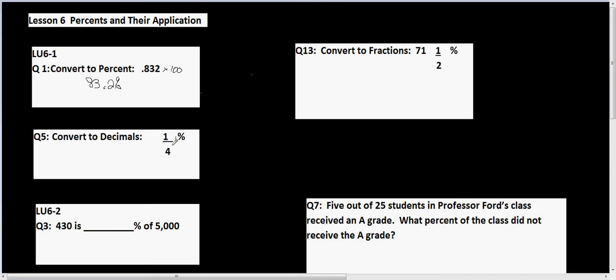The first thing you do is divide the denominator into the numerator. 4 goes into 1, doesn't. Goes into 10 though 2 times, which leaves you with an 8 and 2 left over. 4 goes into 2, not at all, but if you carry a 0 down here, 4 will go into 20 5 times.